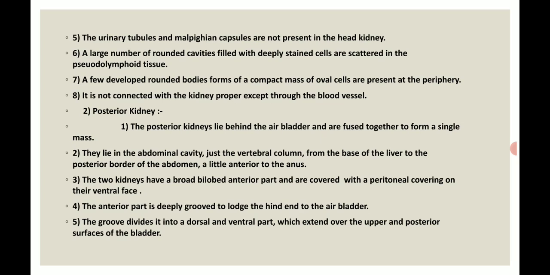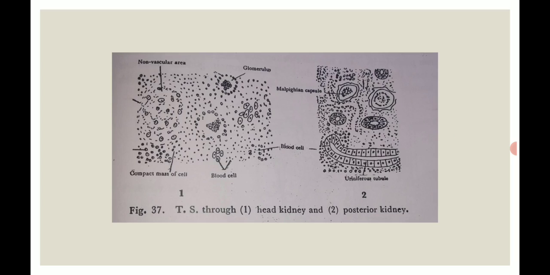The groove divides it into a dorsal and a ventral part, which extend over the upper and posterior surfaces of the air bladder. Now this is the TS through the head kidney and posterior kidney, as we saw in the previous slides. The first diagram is the head kidney, which has a non-vascular area as well as a compact mass of cells. Various glomeruli and blood cells are present.